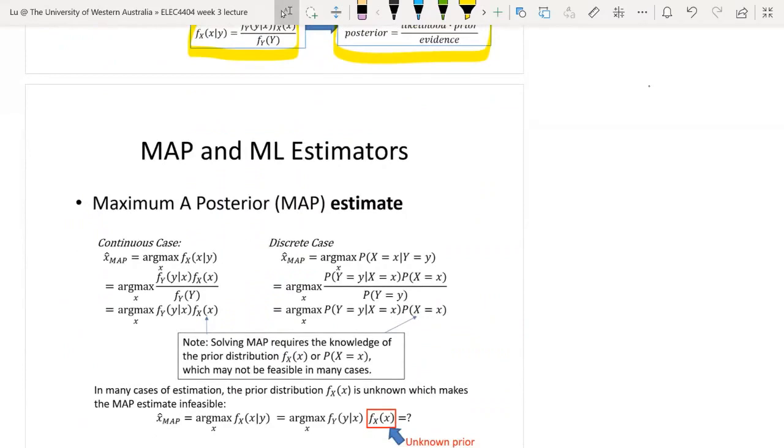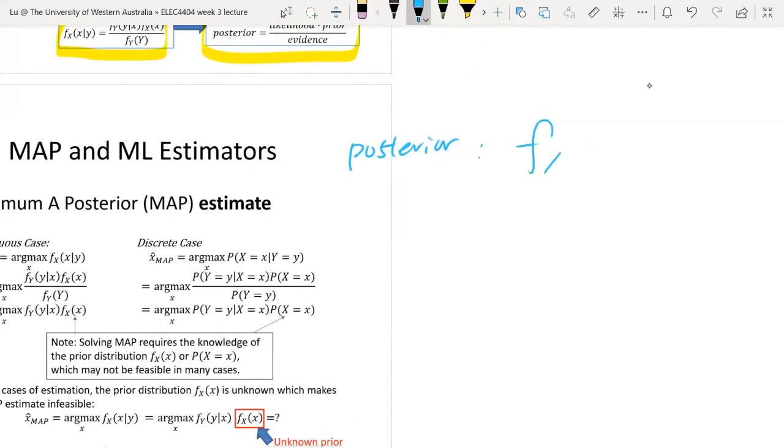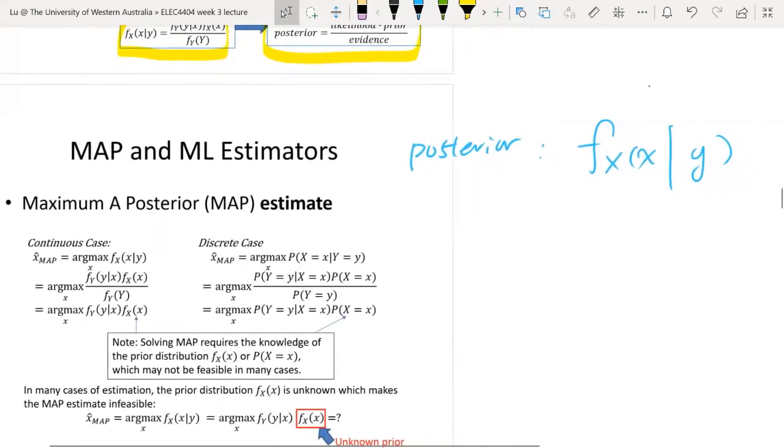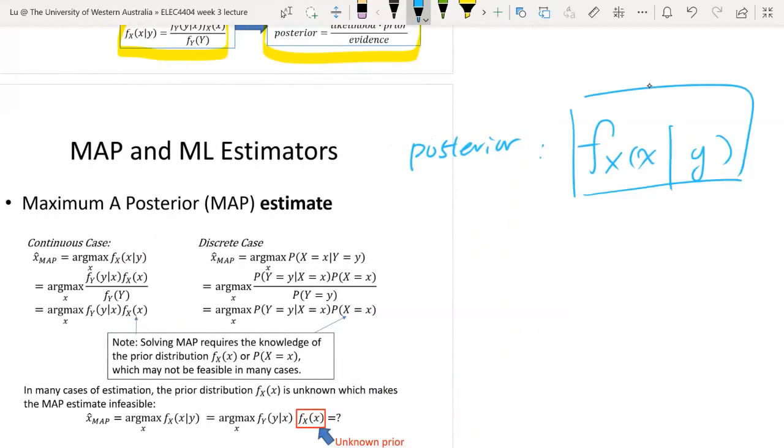But we said the posterior distribution is actually the distribution of x subject to the observation of the outcome random variable y. In this case, f of x given y is the posterior, and we want to maximize it. So you can see here, we want to determine the value of the random variable capital X to maximize this posterior.